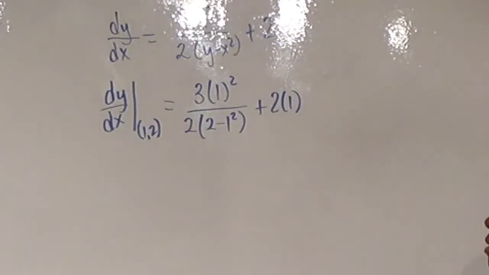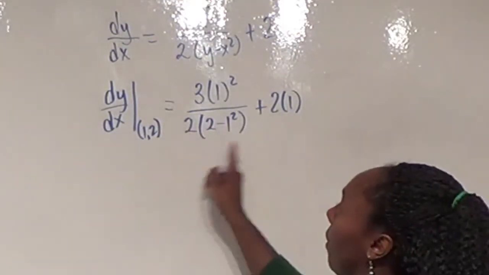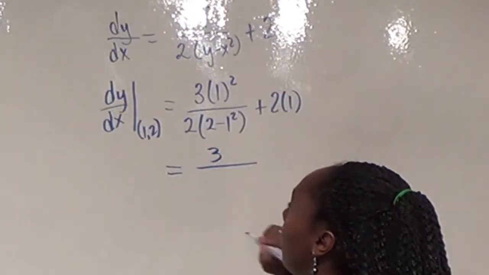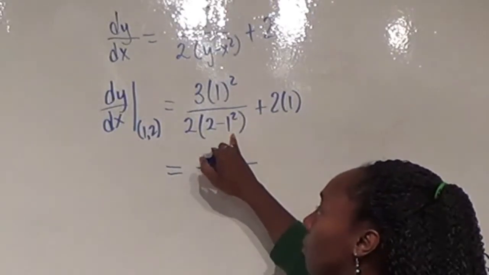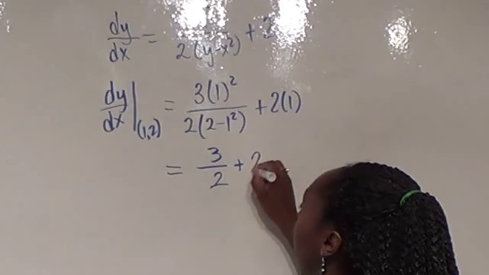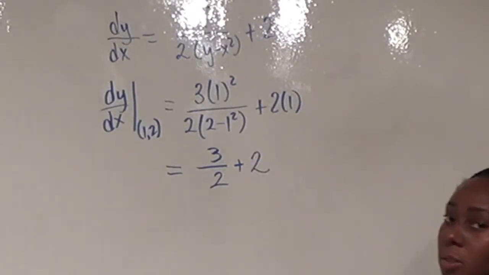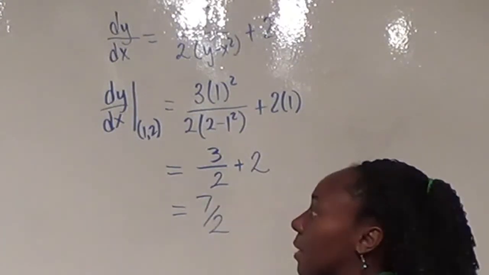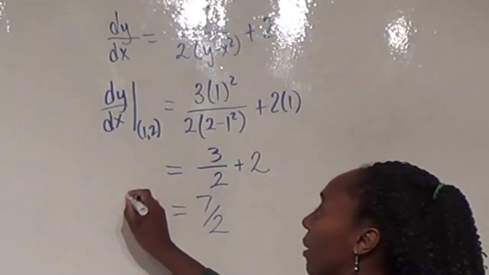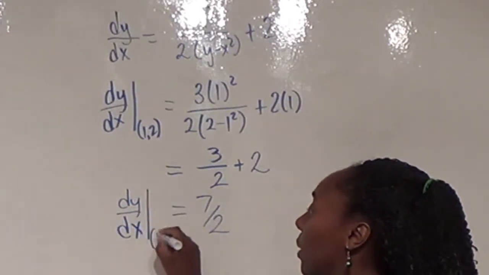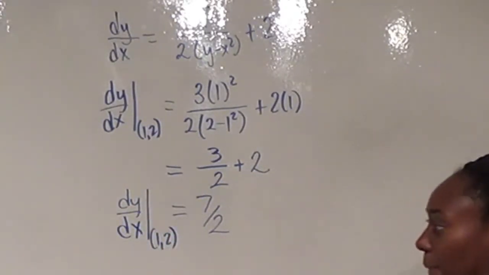So we just plug in 1 for x and 2 for y. From there, we'll go ahead and simplify. So on the top, it looks like just 3. On the bottom, we get a 2 minus 1 times 2, plus our 2. So 3/2 plus 2 looks like 7/2. So there is our dy/dx at the point (1, 2).